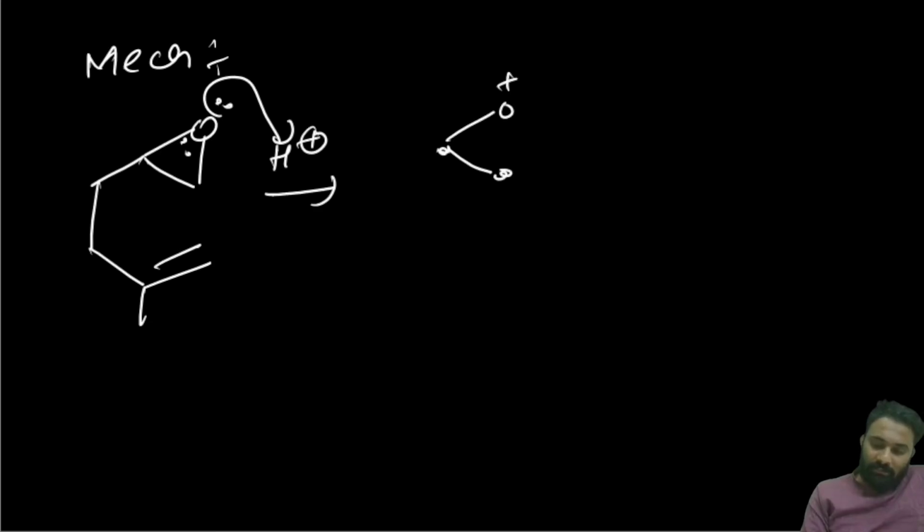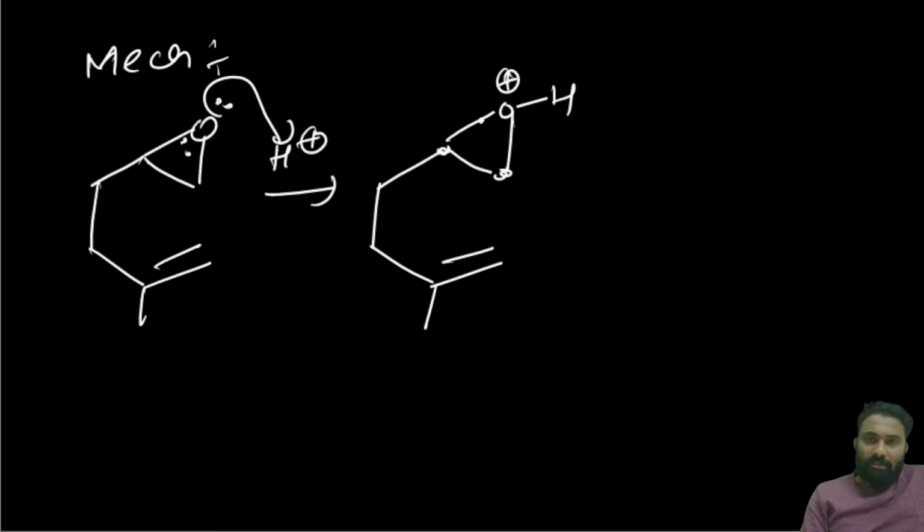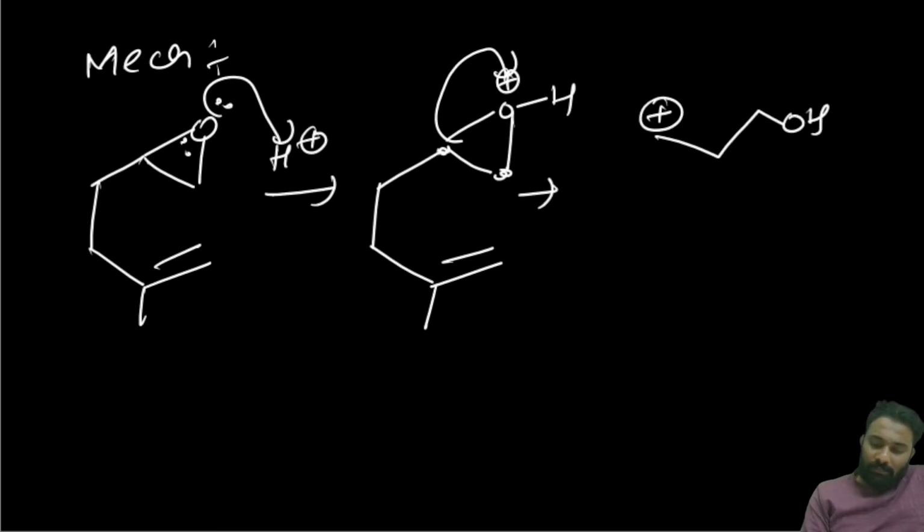Here the oxygen has the positive charge, here the H. Then to stabilize this oxygen, this bond pair of electrons will be given to this oxygen. Now here we will get the OH, and this carbon will get the positive charge.